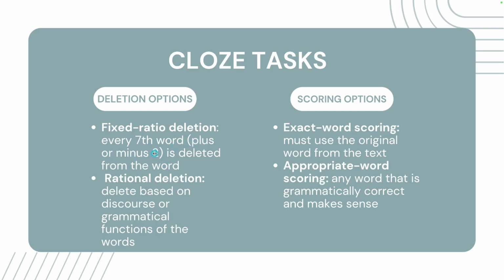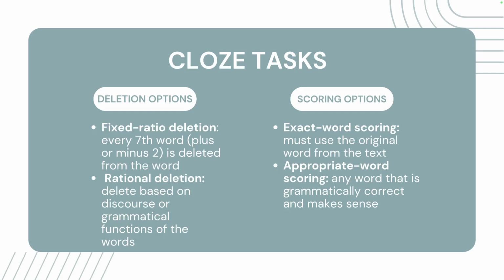And the reason is if you go to your text and the 7th word is someone's name, then of course you can't use that one because how can they guess the person's name? Or it's the name of a city or something like that. So you just go to the next word that's appropriate. But in general, you would delete in your paragraph word number 7, word number 14, word number 21 until the text is over.